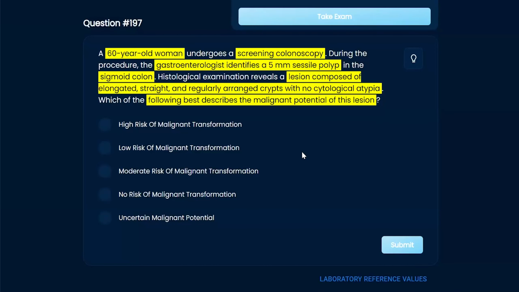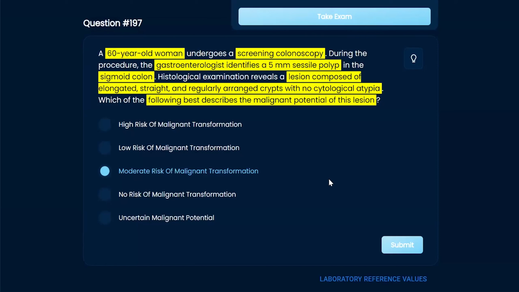I'm not really sure exactly what kind it is. Maybe adenoma, so I'd go moderate. If we had a gene knockout, maybe we'd have something, but I'm not super sure. So I'm going to work through this with you once again.